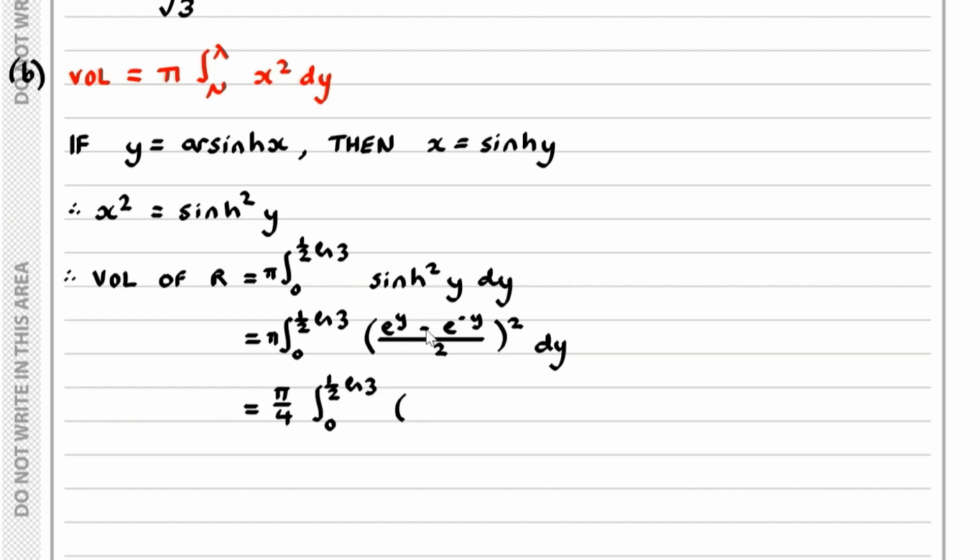Now, e to the y minus e to the minus y, all squared, we have e to the 2y minus 2e to the y e to the minus y plus e to the minus 2y dy.